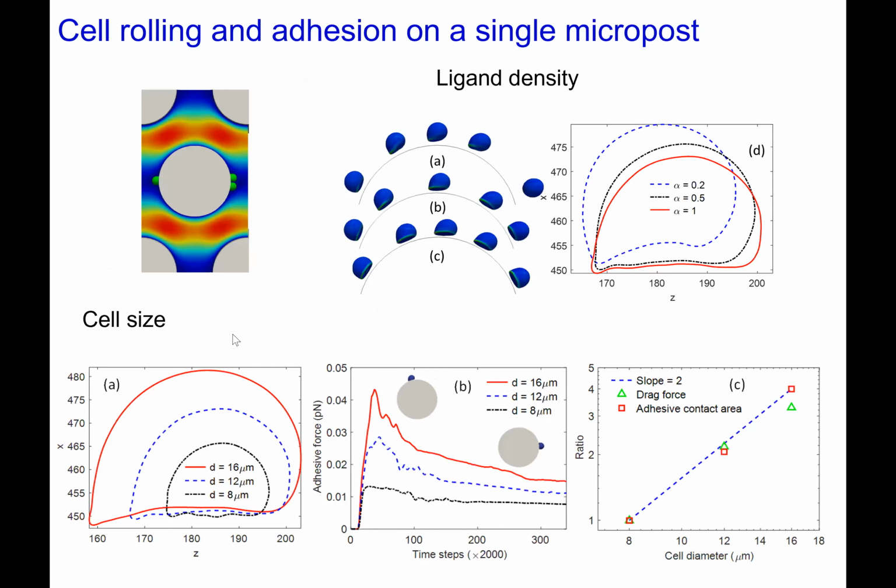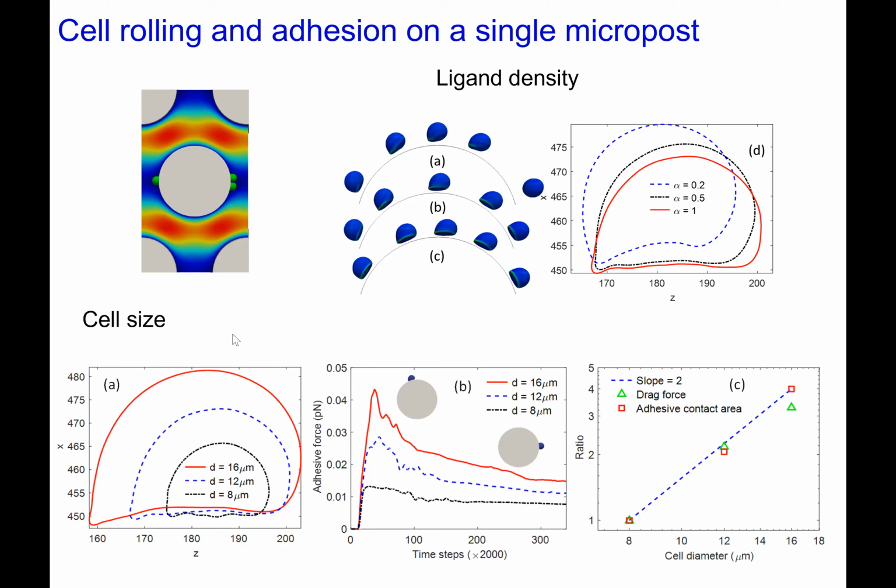So first, we studied cell rolling and adhesion on a single micropost. We want to see how the cell interacts with the coated surface of our micropost. First, we check the cell adhesion at different ligand densities. The reason we select different ligand densities is that it has been shown that the most active cancer cells express a lot of receptors compared with the relatively less invasive cancer cells.